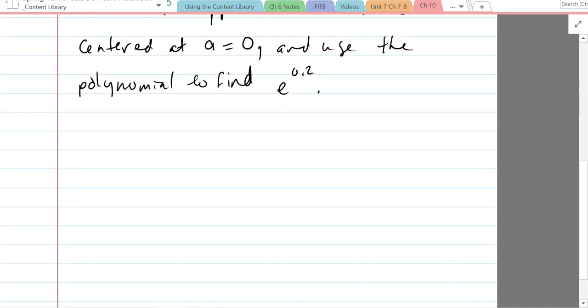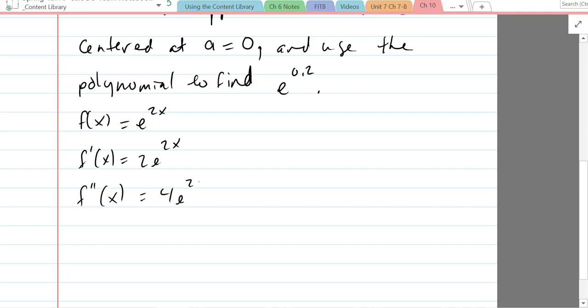All right, so the way this works is we start off with f of x. F of x equals e to the 2x. And then we need the first derivative, and that's 2 e to the 2x. Then the second derivative, which is 4 e to the 2x.